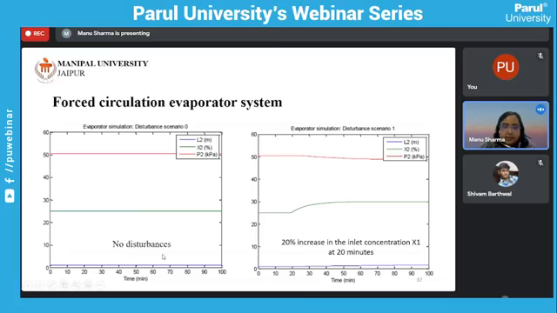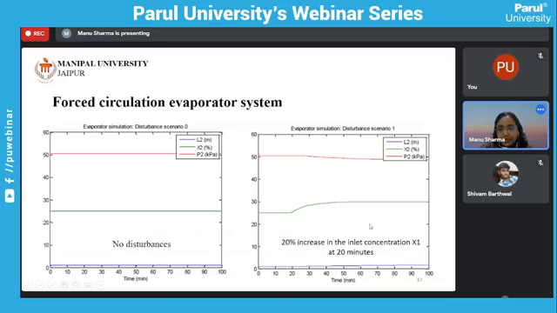Using this mathematical model, we can predict what will happen if a certain disturbance occurs in the system or some conditions are changed. For example, if the inlet concentration of the desired product is increased by 20% in the feed stream after 20 minutes, all of a sudden, how will the system behave?